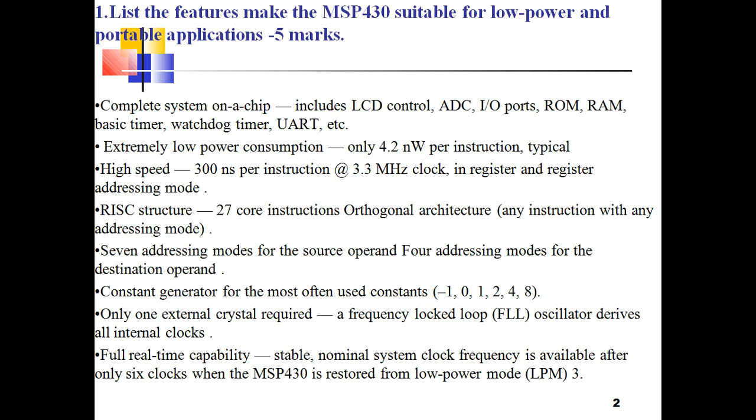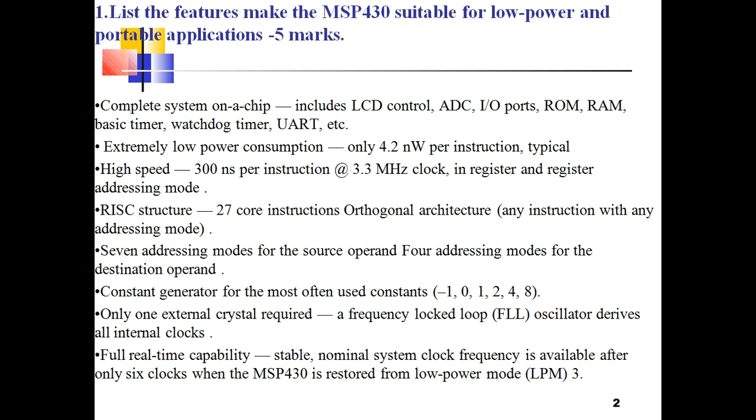Next feature is RISC structure. It is a reduced instruction set computer, and here you will get 27 core instructions. It has an orthogonal architecture. That means using any register with any instruction you can write the programs.